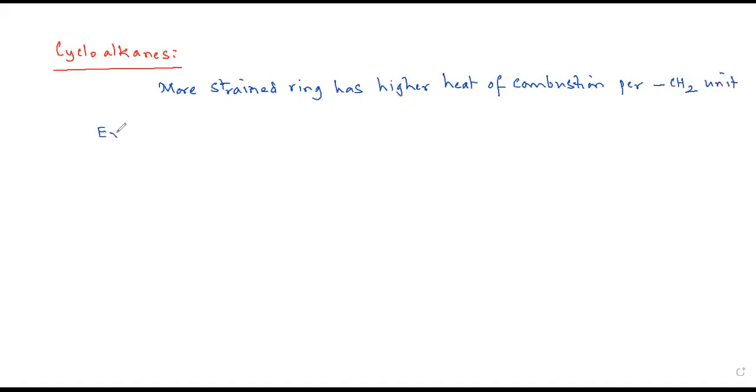Let us take this example, starting with cyclopropane. See, in cyclopropane, the ring is maximum strained because here the bond angle is only 60 degrees. Most strained.